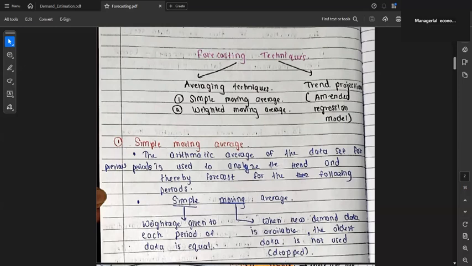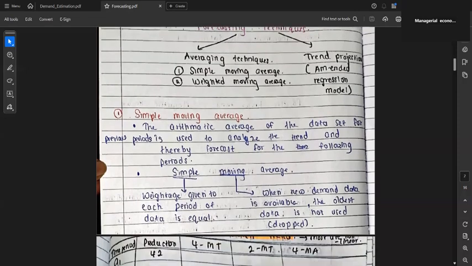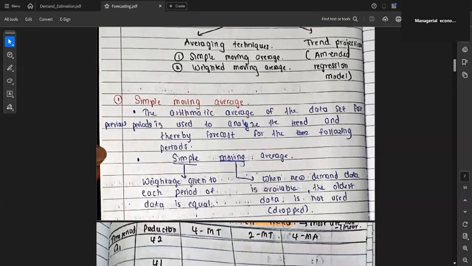So simple moving average. The arithmetic average of the data set for previous periods is used to analyze the trend and thereby forecast for the following periods. So why is it called moving?